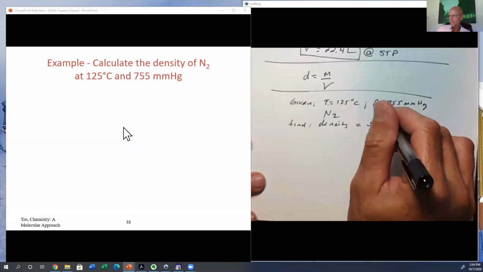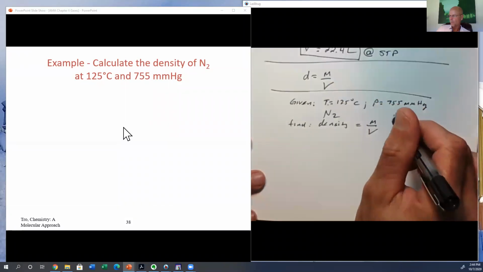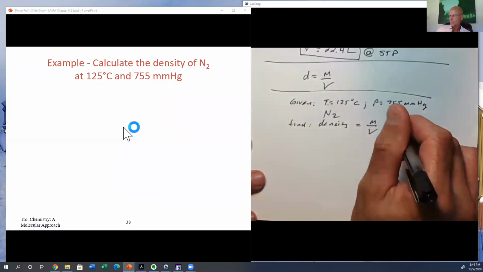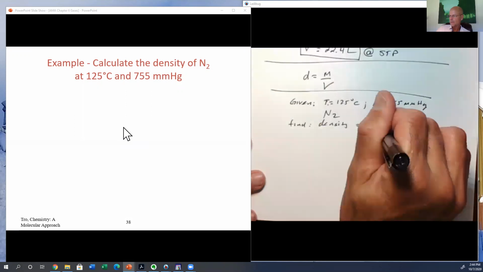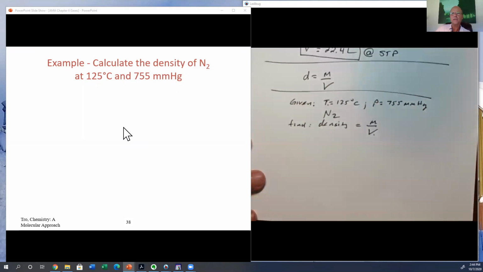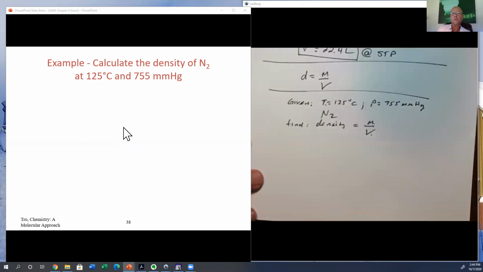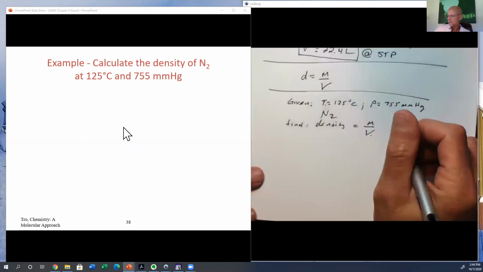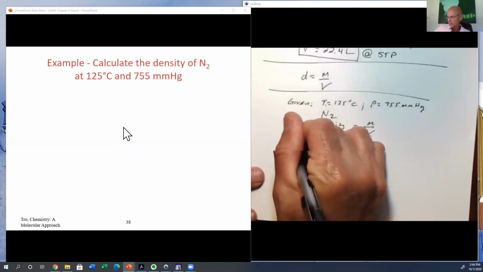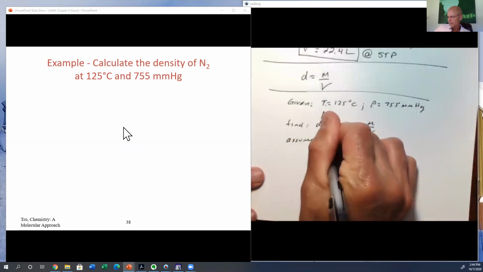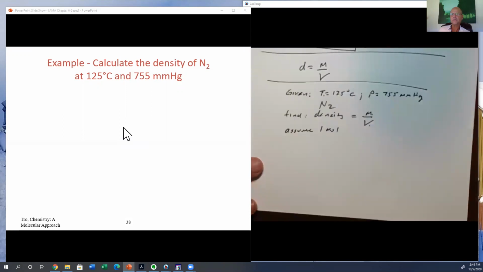So what can we do? We're trying to figure out the mass over volume of some sample of nitrogen. It doesn't matter, so we could just assume 1 mole. You can assume any number of moles, but 1 mole is going to be the easiest, just because it's the number 1.